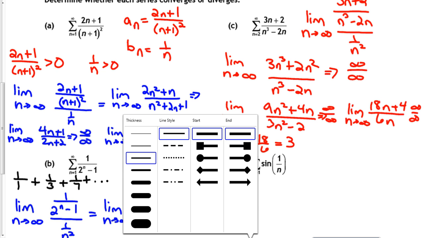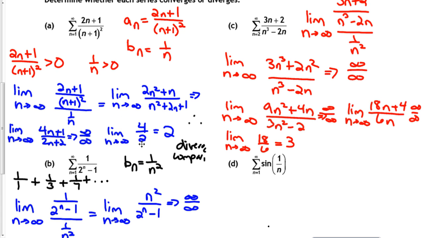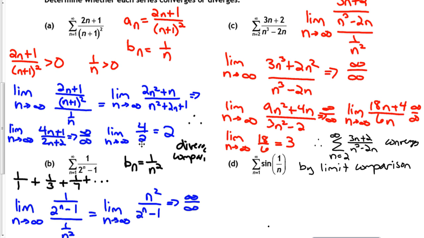I'm going to end up erasing this, so write down as I go because I'm going to run into my space for D. So therefore, the series that I was asked about converges by the limit comparison test because what I compared it to, which is 1 over n squared, converges, and that's a p-series, p is greater than 1.